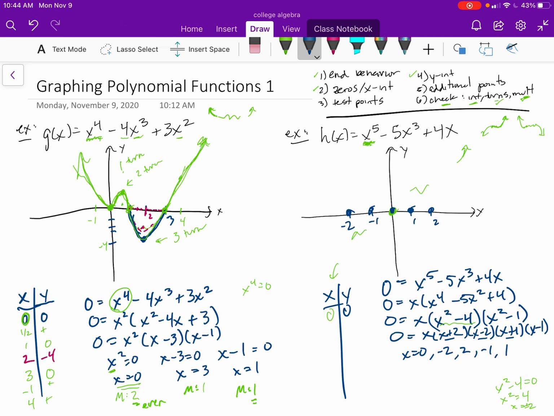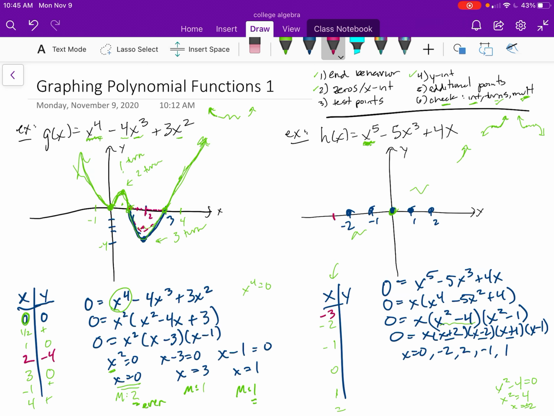So now sometimes it would be better to go in order to see it, but it doesn't truly matter, and oftentimes we'll just want a table regardless. But let me go ahead and do this in somewhat of an order. Okay, so I have -2. I'm going to leave a little bit of room between each one. Okay, and the reason is, for our test points, we really want to try something back here like -3.